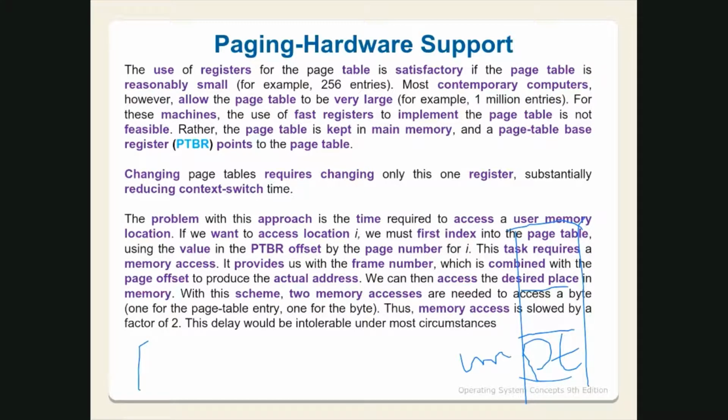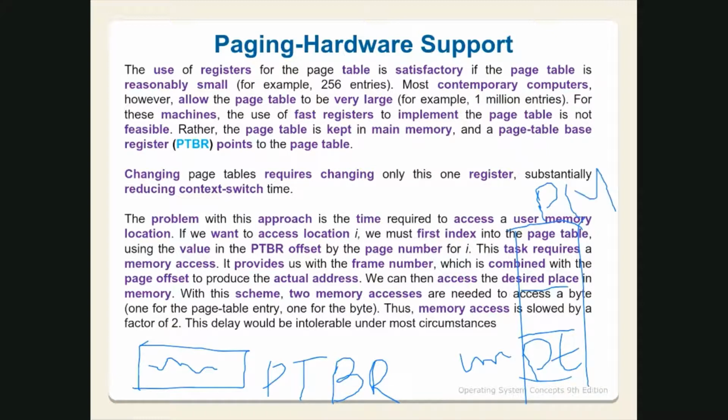What is the name of the register? The page table base register. So this address is saved in the page table base register. The starting address of the page table is saved in the page table base register.